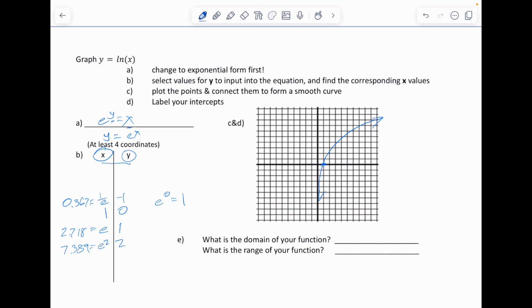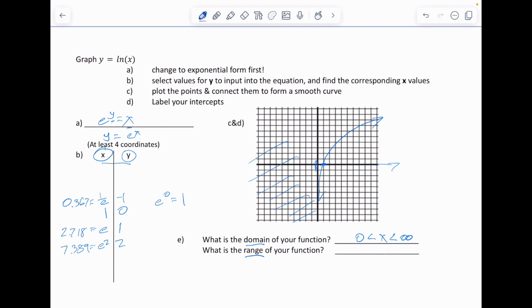Domain and range. Remember, all the possibilities of x, all the possibilities of y. Do I have any negative x's? No. So the domain for that is going to be positive. So 0 is less than x, but x is also less than infinity, because it's going to go on forever on this side, but it does not cross this asymptote line.